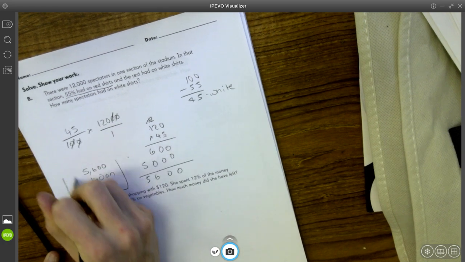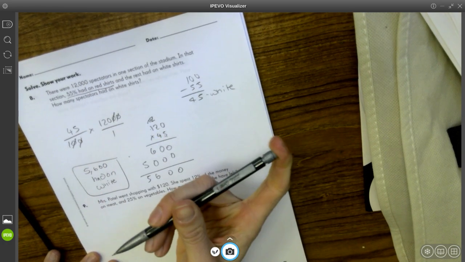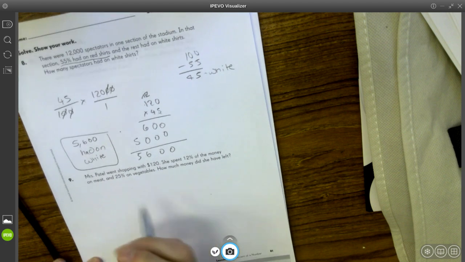And that makes sense. 50% would be 600. So a little less than 600.